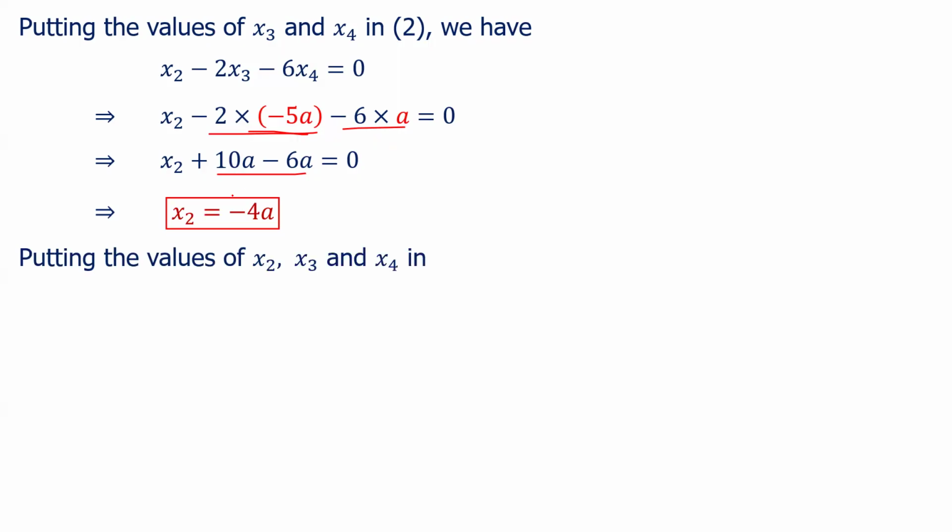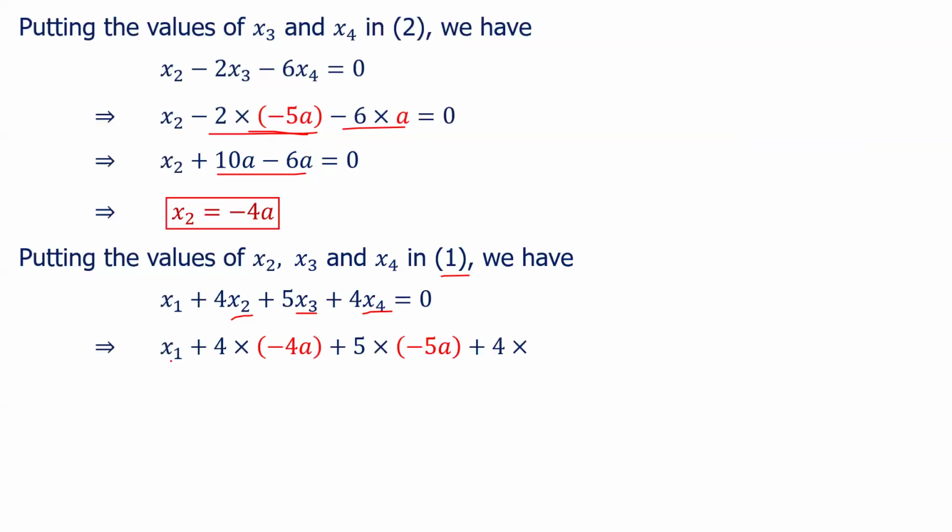If we substitute the values of x2, x3, and x4 in equation number 1, we have already obtained these values. If we substitute all these three values, we are able to get the value of x1, which implies x1 plus 4 into minus 4a, 5 into minus 5a, plus 4 into a. x1 minus 16a, minus 25a, plus 4a equal to 0.